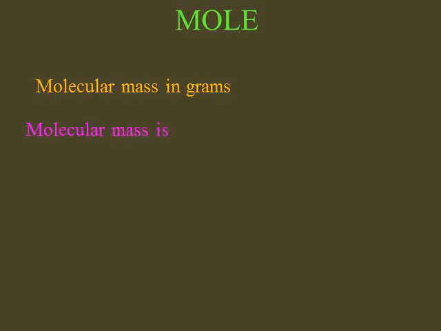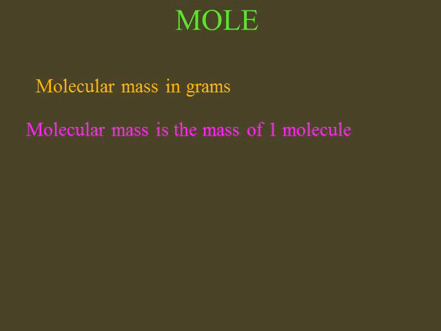Now the very simple and basic definition of mole is: when any substance is expressed in grams, it will be considered as a mole. Now this substance can be an atom or a molecule, or it can be a compound.